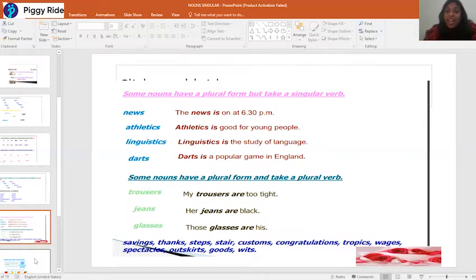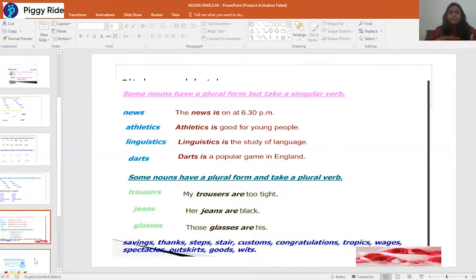We never say are because linguistics is the pronunciation, not linguistic, right? Now let's go to the next example, which is darts. Darts is a popular game in England, not are. Darts. We never say dart is a game.